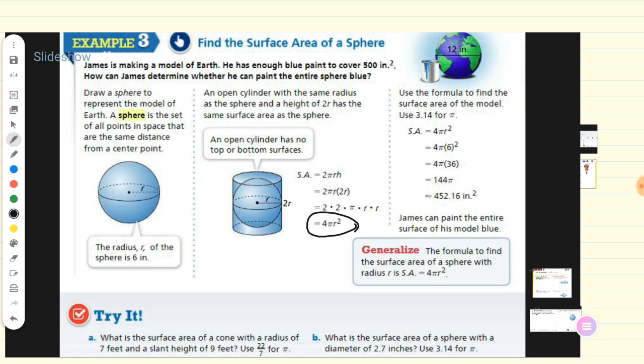So it's 4π, r here equals, he gave it to me, he said that the radius equals 6. So instead of r, we will put 6. And instead of pi, he said use pi equal 3.14. Okay? So it will be equal 452. So it's 4πr to the power 2, or 4π times r times r.